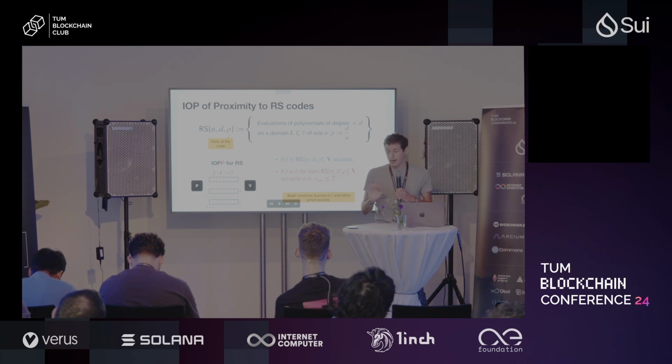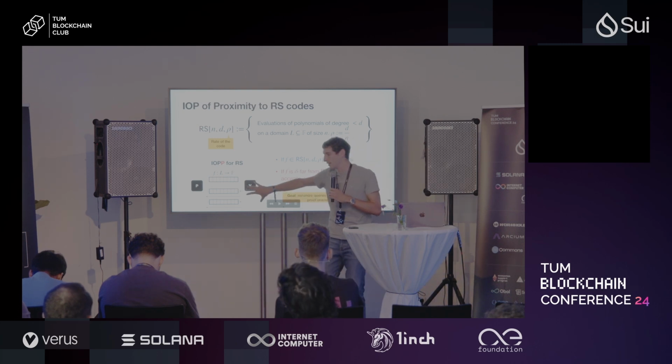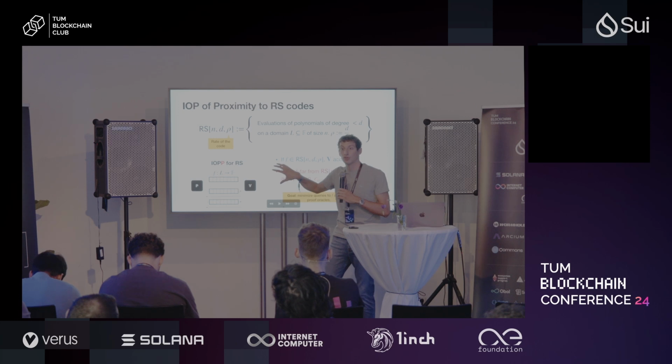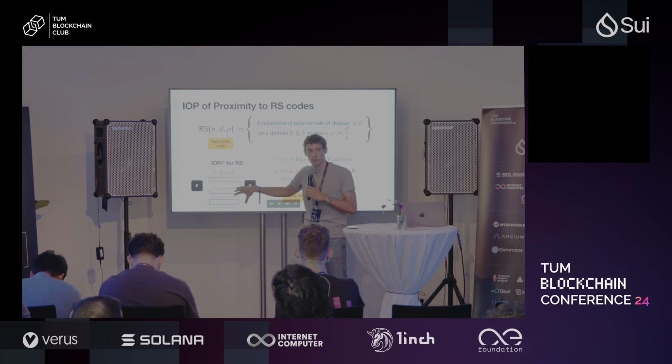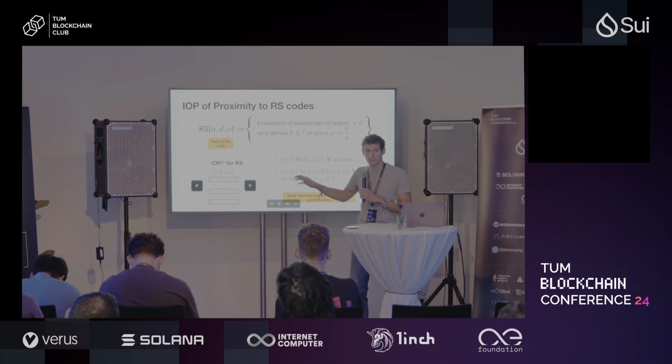And the reason why we only give this kind of partial guarantee is because we want to minimize the queries that the verifier makes to both these proof oracles, but also the input. So the verifier is not able to actually read all of the input, and this is where the efficiency of these IOPs comes from.